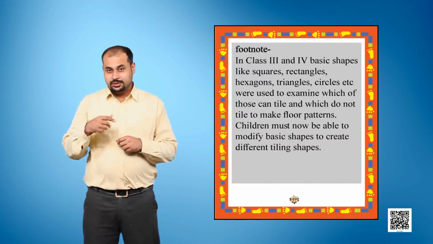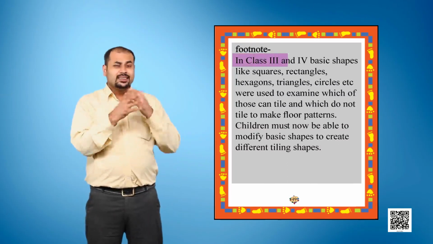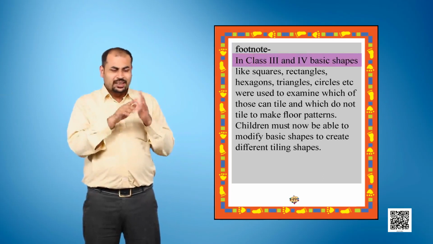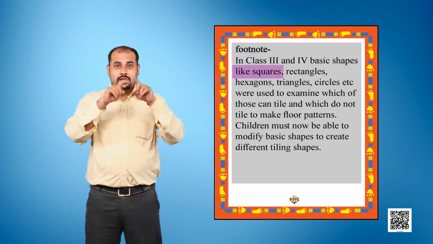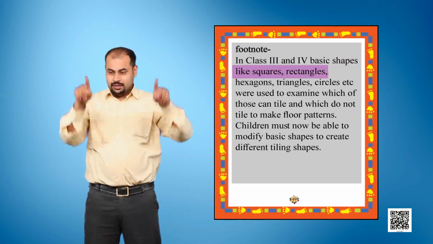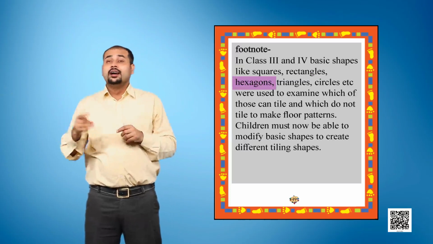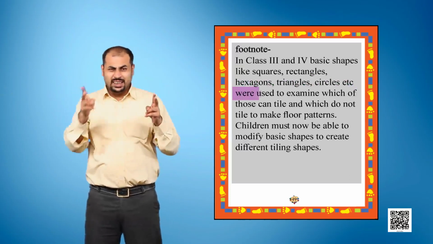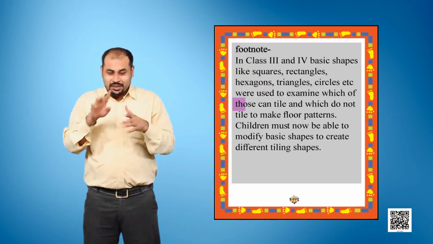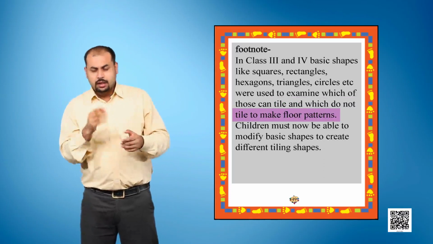For the teacher. In class 3 and 4, basic shapes like squares, rectangles, hexagons, triangles, circles, etc. were used to examine which of those can tile and which do not tile to make floor patterns.